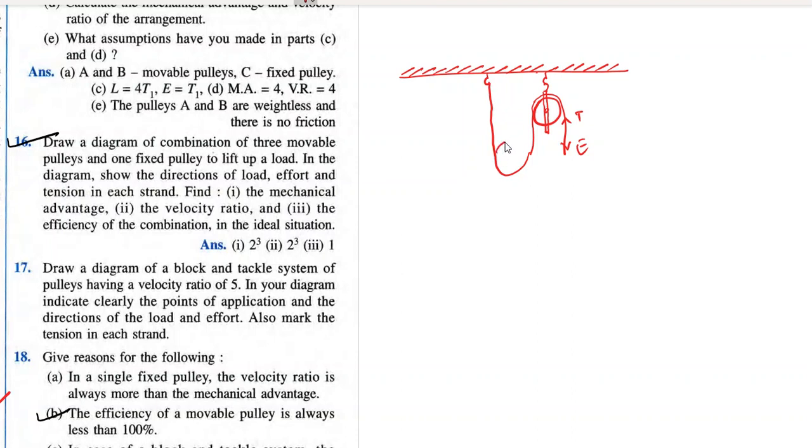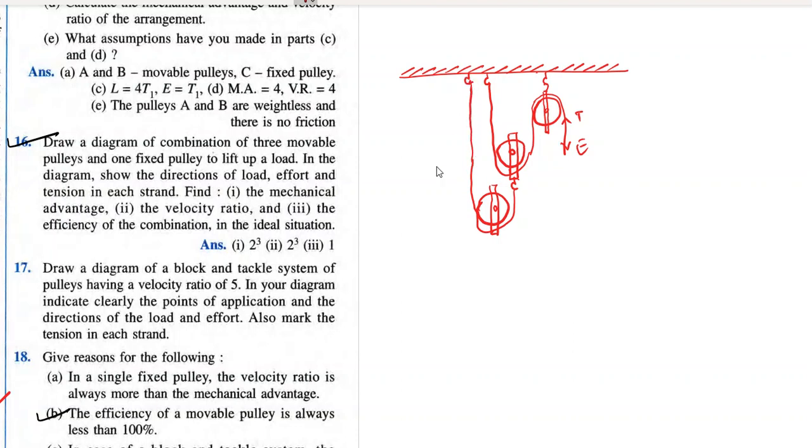Okay, so the movable pulley will be over here, and its frame will have a hook. With this hook there will be another strand attached which will have another pulley, and this will go up over here with a hook.